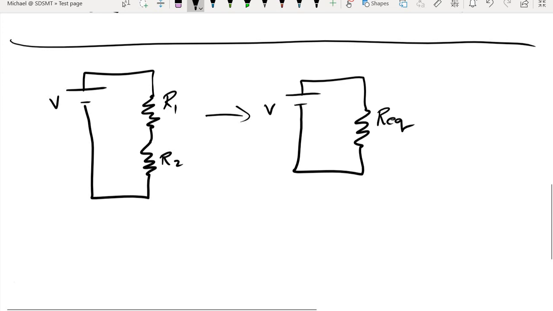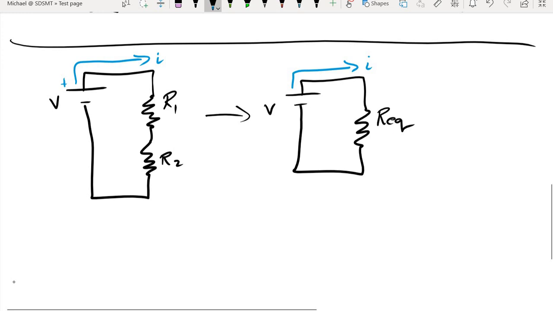So we did this quite a bit with the capacitors, finding equivalent capacitance. So now we're going to find equivalent resistance. And when I say that this equivalent resistor needs to do the same job as what the first two did, what I'm really referring to is how much current will be drawn out of the battery.